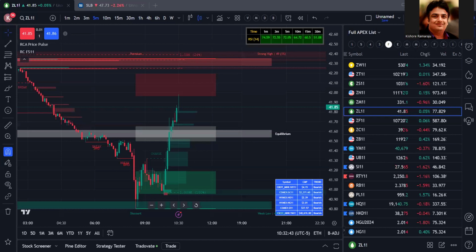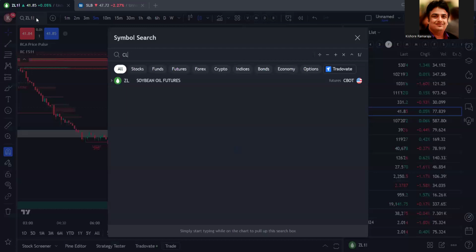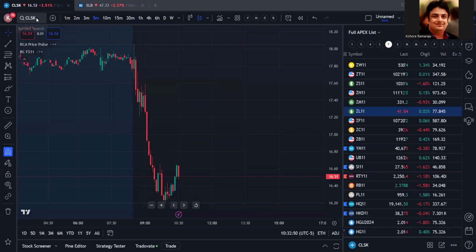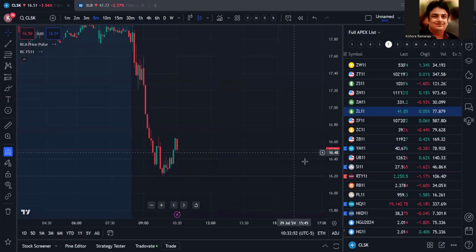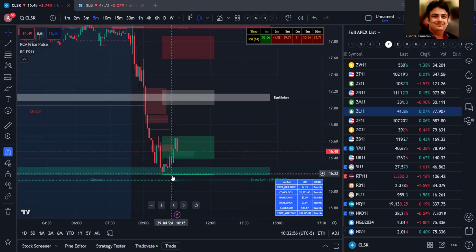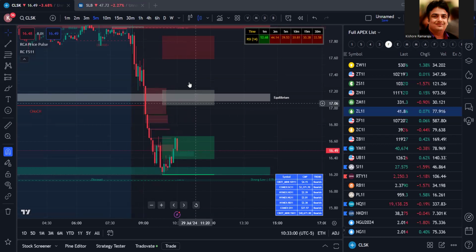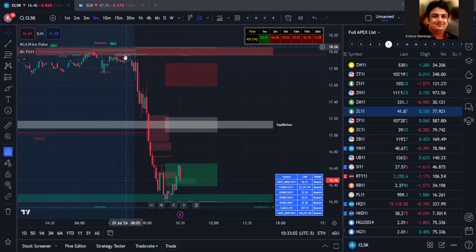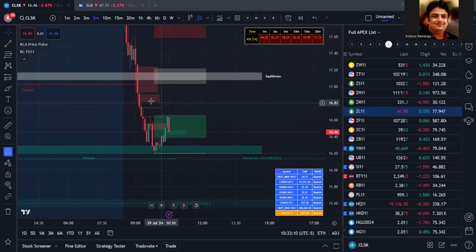CLSK is moving good. Right, we entered CLSK some time ago, or I gave the alert. CLSK came to the bottom, touched the support, and then started moving up. As we know, CLSK is one of the major crypto stocks. This morning it went up to $18 and then came all the way to the bottom.